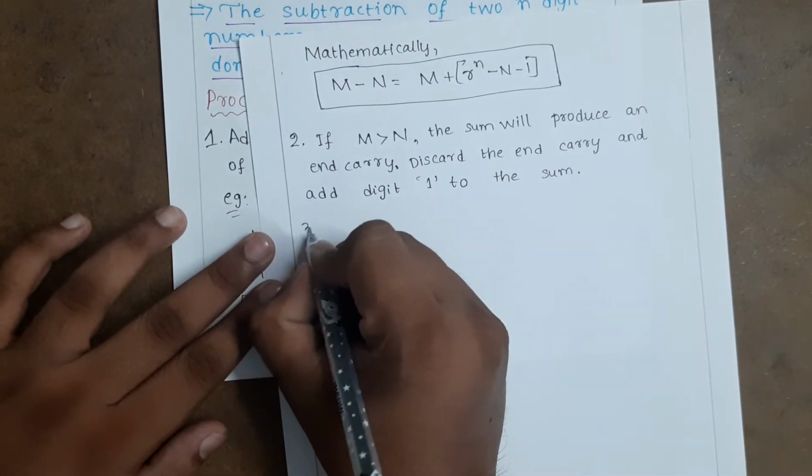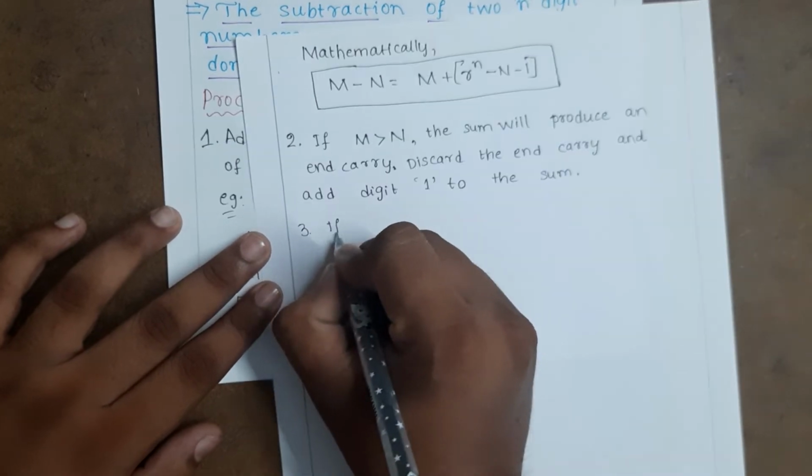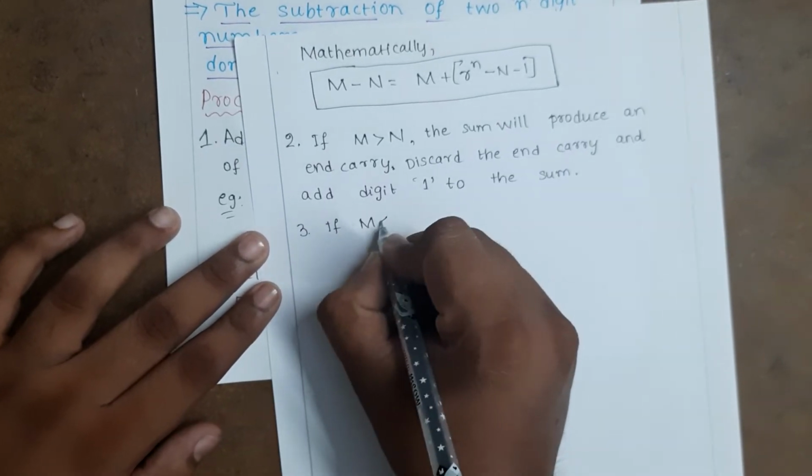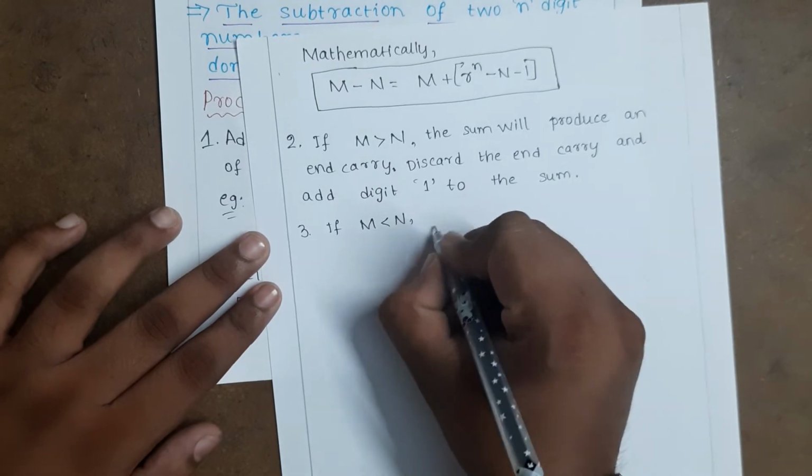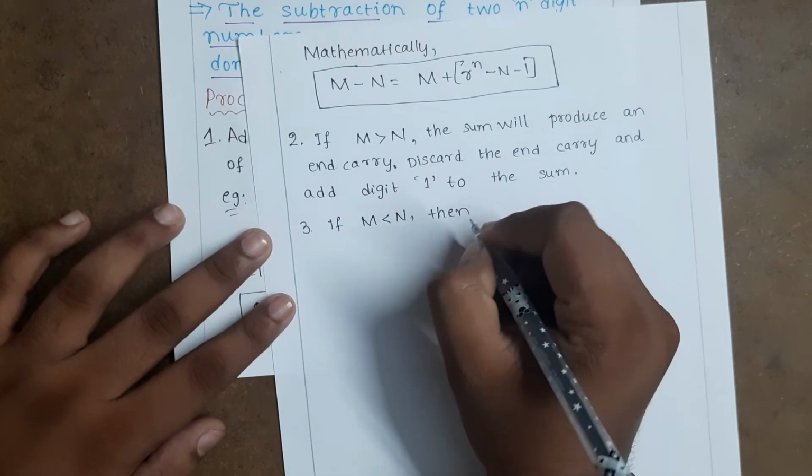Next, the third step. This is another case. If capital M, the minuend, is less than capital N, then the sum does not produce an end carry.